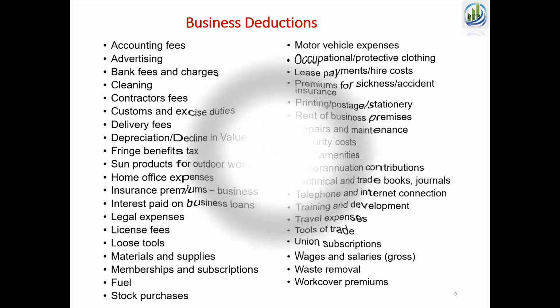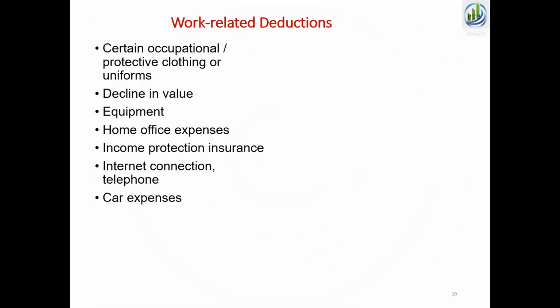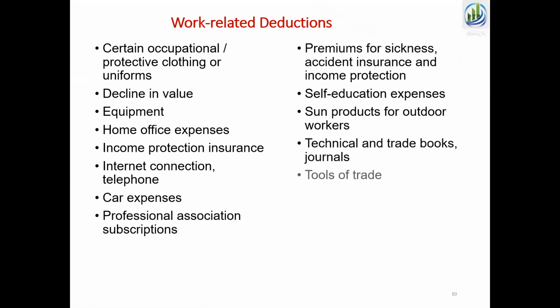So we will move into work-related deductions. This is for individuals, like you and me, working as an employee. What expenses can we deduct? You can see home office, car, and different deductions. I put them here, and I'm going to talk about every single one in more detail in the next slides.